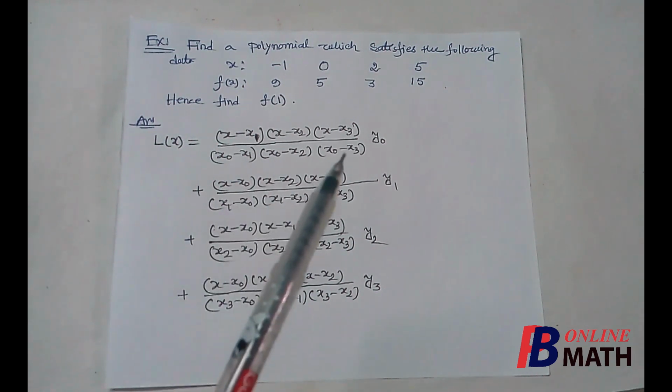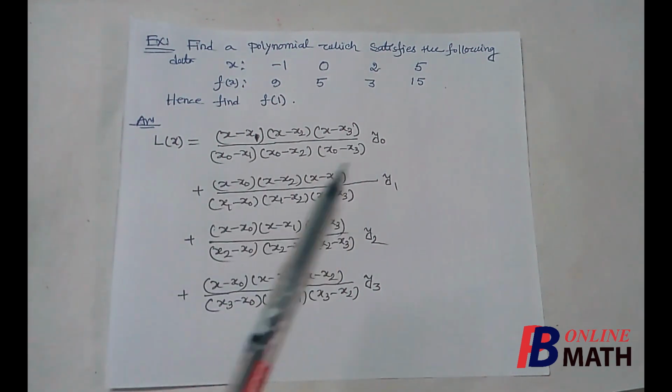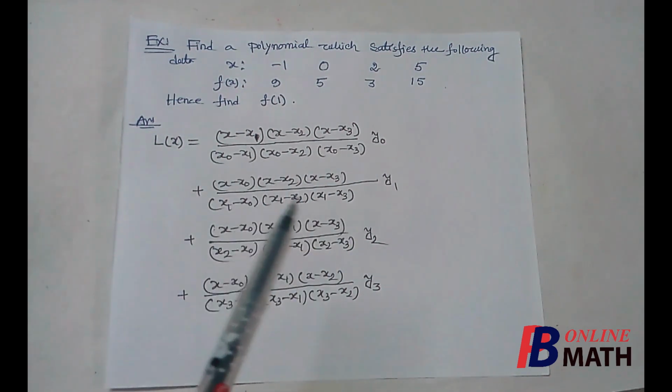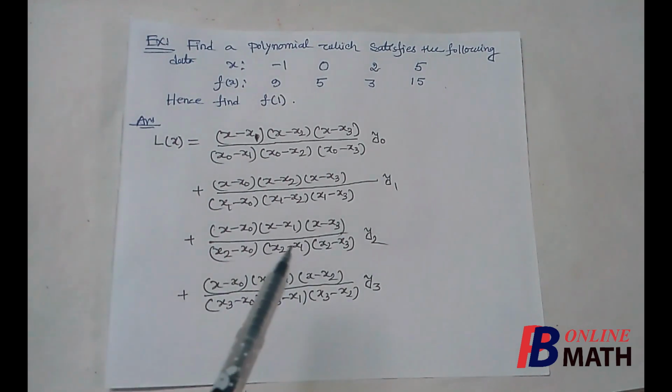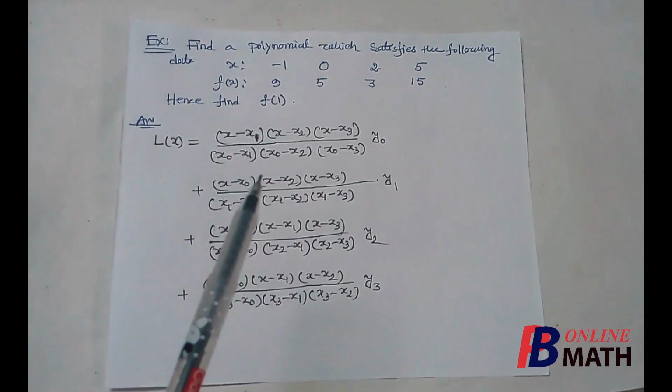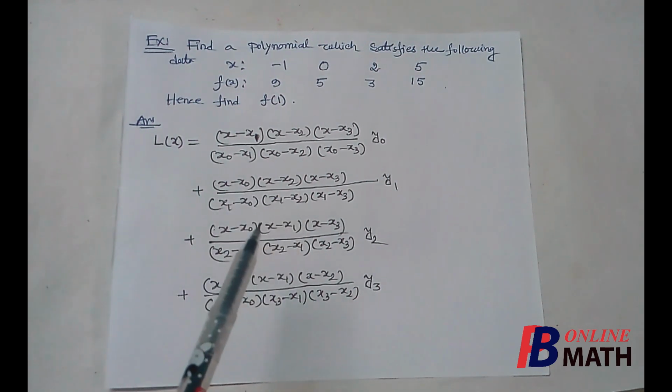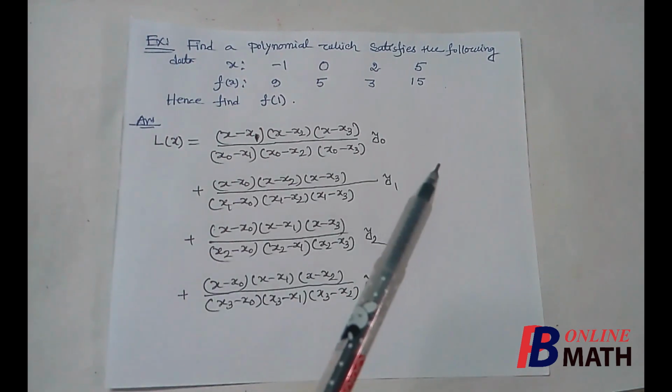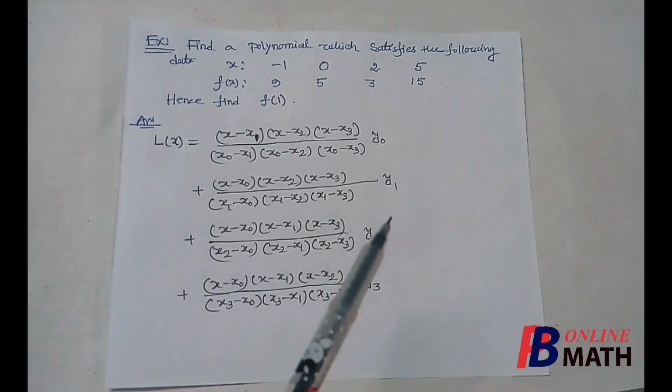L(x) equal to this function multiplied by y0 plus this function multiplied by y1 plus this function multiplied by y2 plus this function multiplied by y3, where each function is a polynomial of degree 3 because 4 entries are given, and with this we can find a polynomial of degree 3 at most.